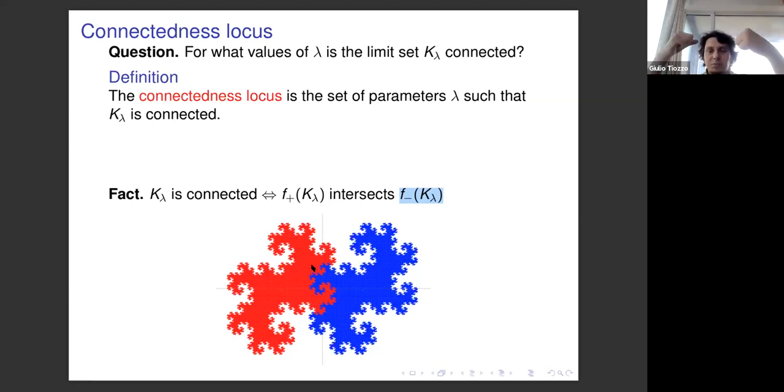So these two pieces collide together. And this is equivalent to the limit set being connected, because if it's disconnected, there is no collision between these two parts.